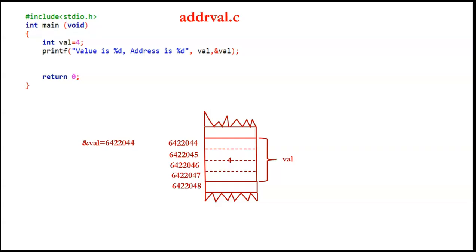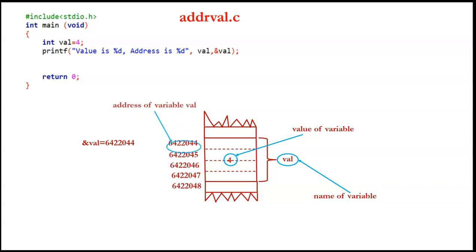Now here is a diagrammatic representation of how the variable val looks like when it is stored in computer's memory. As you can see, VAL is the name of the variable. The value of this variable is 4. The address of the variable VAL is 6422044, and it is the address of the first byte that the variable VAL occupies in memory.